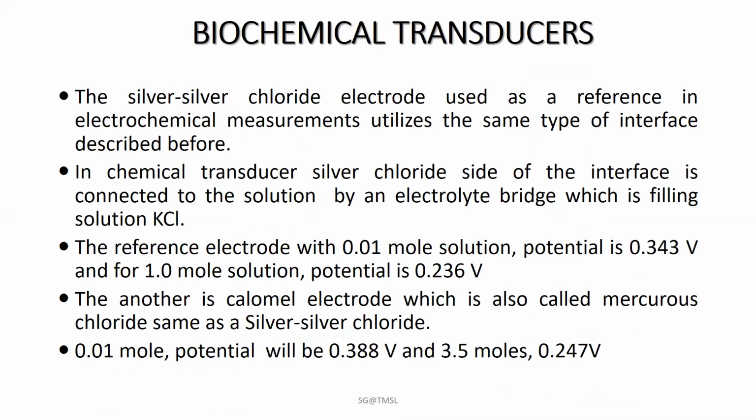An electrode with 0.01 mole solution of potassium chloride has an electrode potential of 0.388 volt, and for saturated potassium chloride solution, about 3.5 moles, the potential will be 0.247 volt.